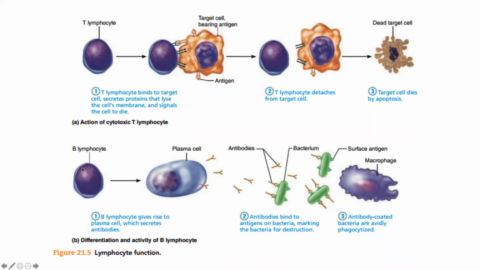B lymphocytes change into plasma cells, which secrete antibodies. These antibodies attach to the invading antigen, which is a bacterium, and with the help of macrophage, these antigen-antibody complexes will be taken away.